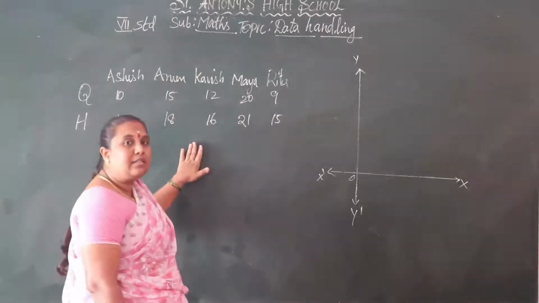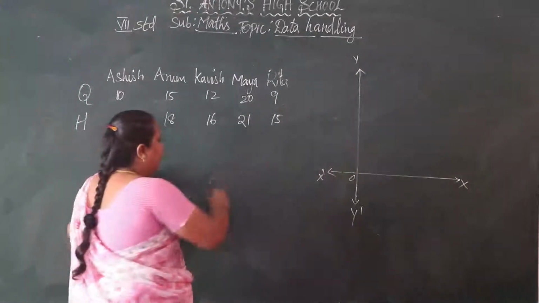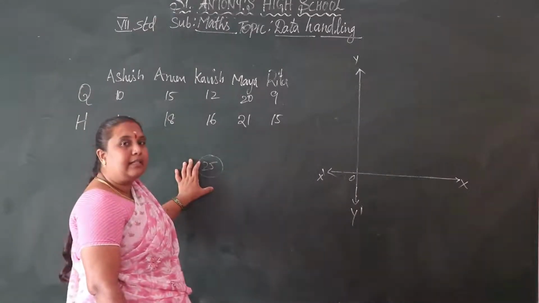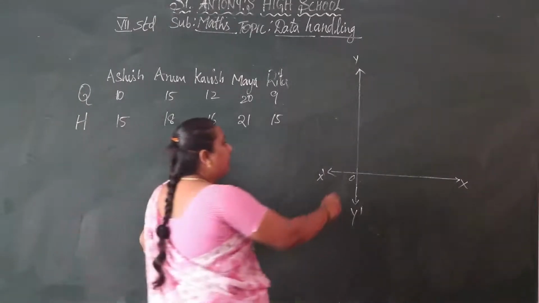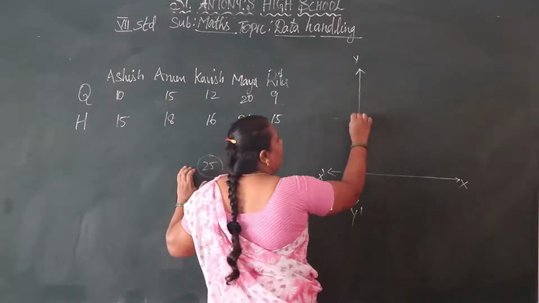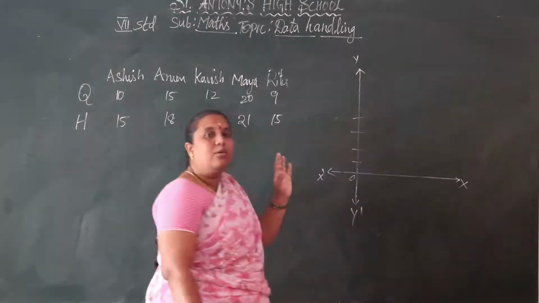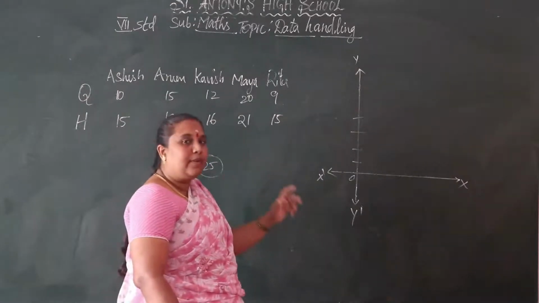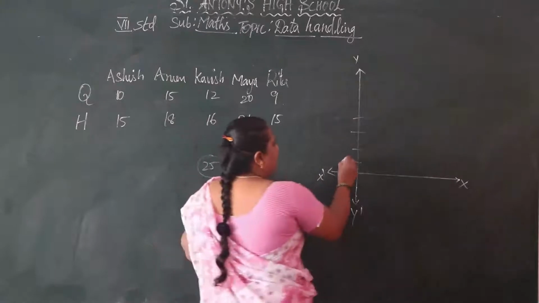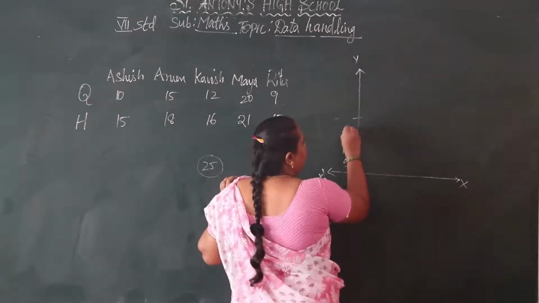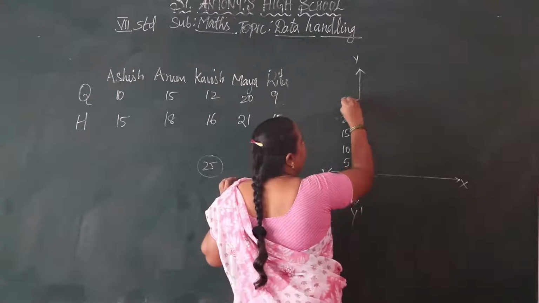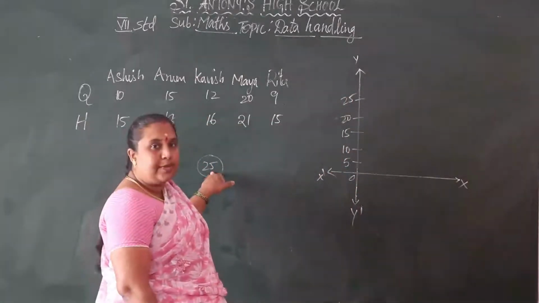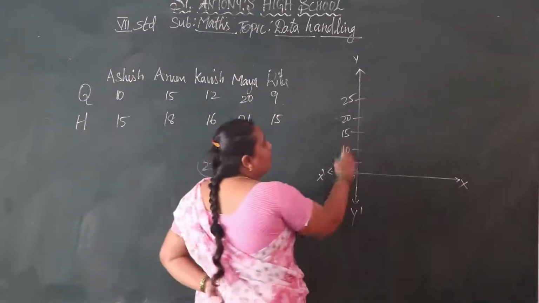These marks are out of 25, so we are taking 0 to 25. Taking 1, 2, 3 would make it very large, so we take a scale of 5 units on the y-axis: 5, 10, 15, 20, 25. So we go from 0 to 25.